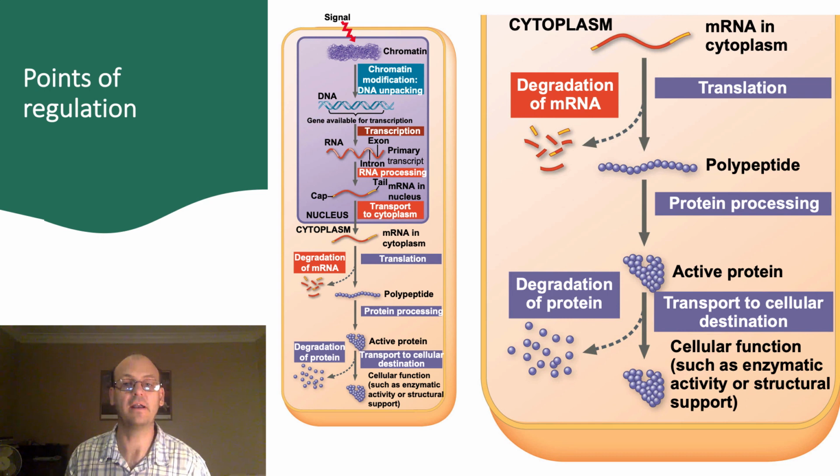Once the mRNA has been exported to the cytoplasm, the cell controls how quickly it's degraded and therefore how much it's translated. Polypeptides, once formed, may become proteins, but require several steps in order to complete the transition from polypeptide to functional protein. The cell may degrade the protein quickly or slowly and may control when and where the protein is activated.